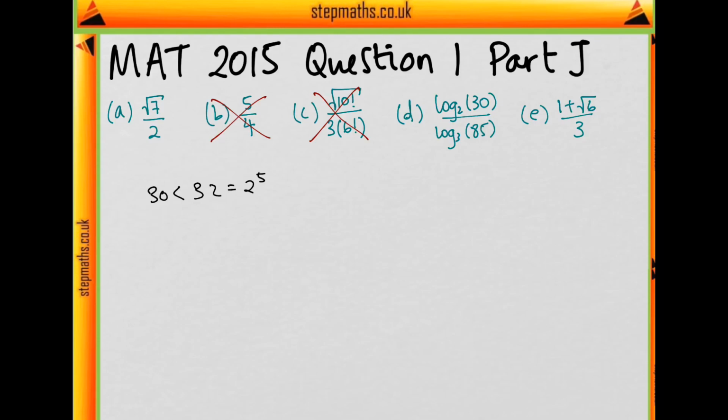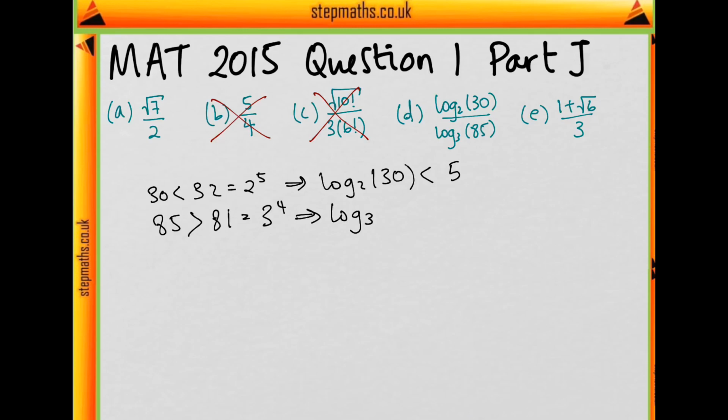Now for D, 30 is less than 32, which is 2 to the 5. So we know that log base 2 of 30 is going to be less than 5, and 85 is greater than 81, which is 3 to the 4. So we'll have that log base 3 of 85 is greater than 4.